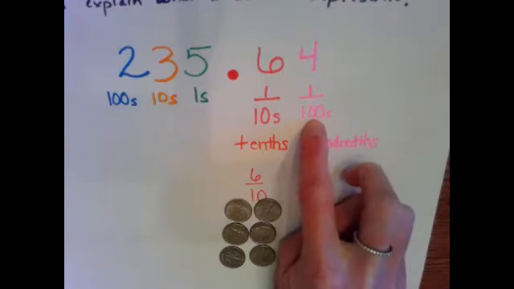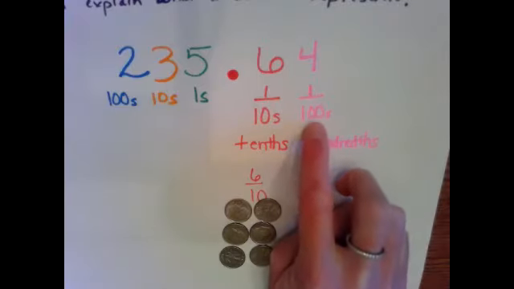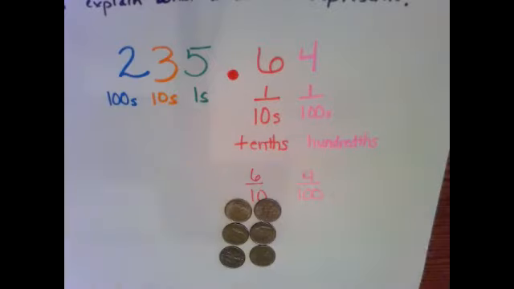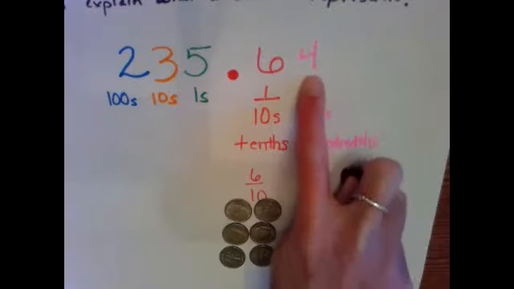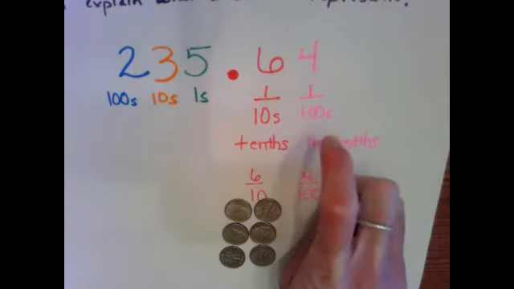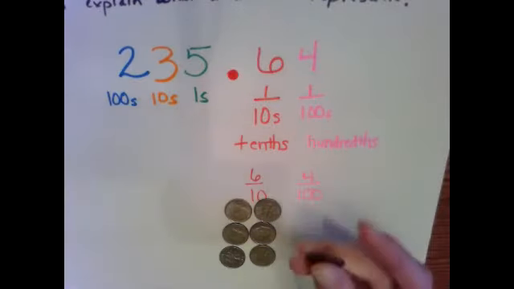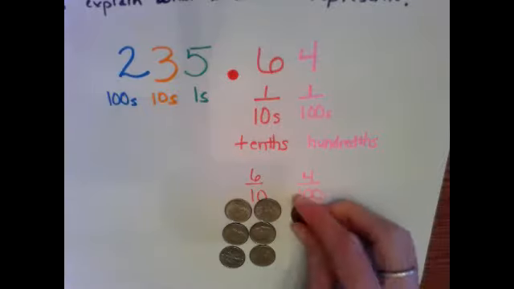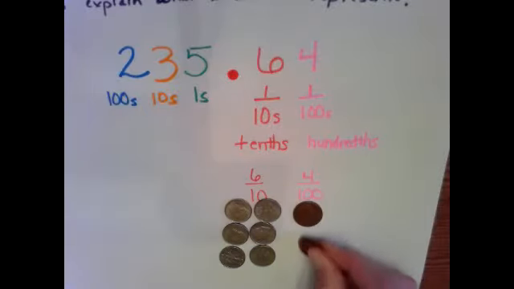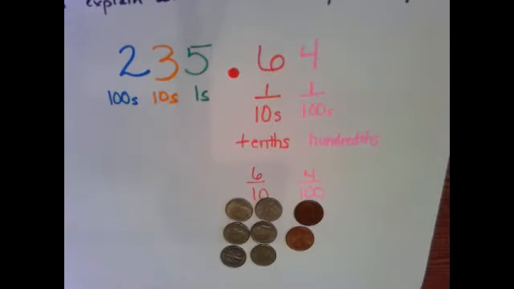In our money system, what do we need 100 of to equal a dollar? We need 100 pennies to equal a dollar. By parking a 4 in the hundredths place, it means we have 4 pennies, or 4 out of 100.